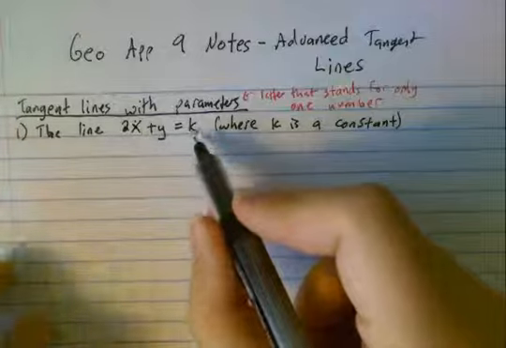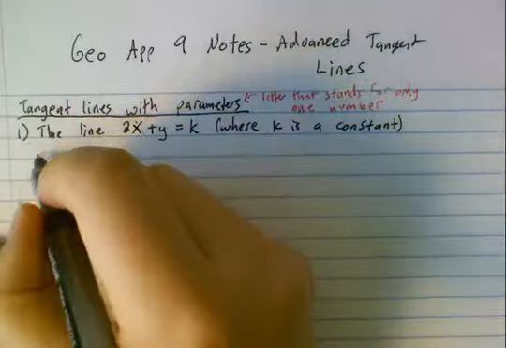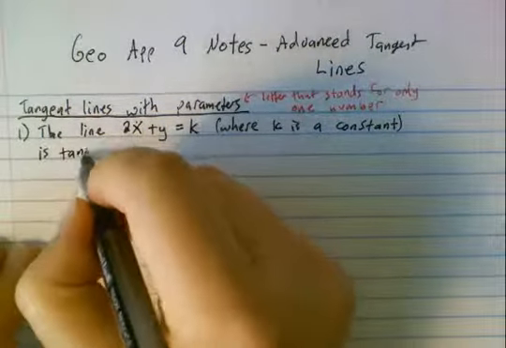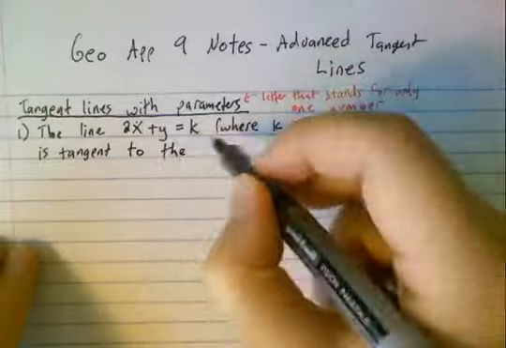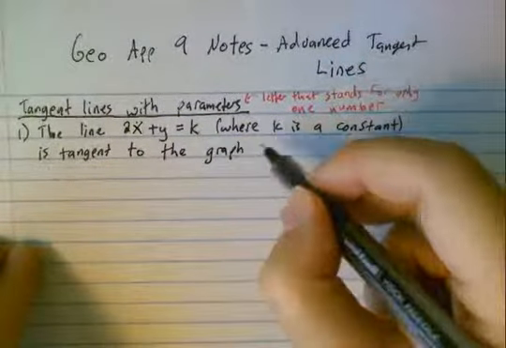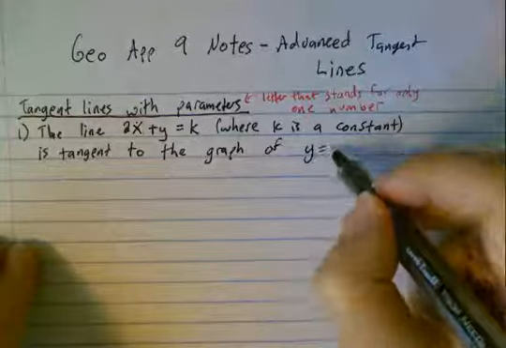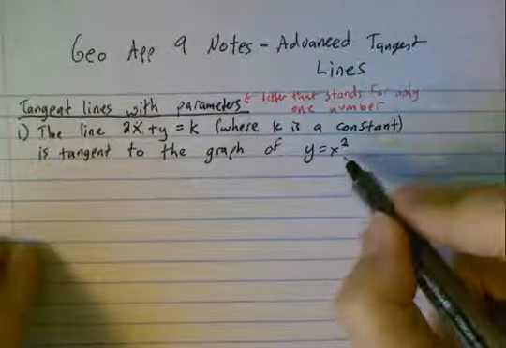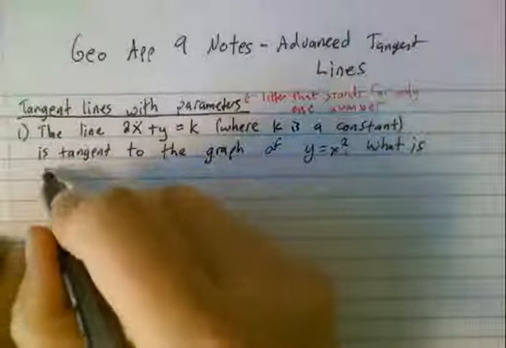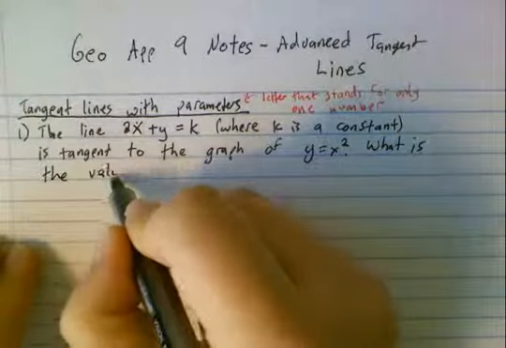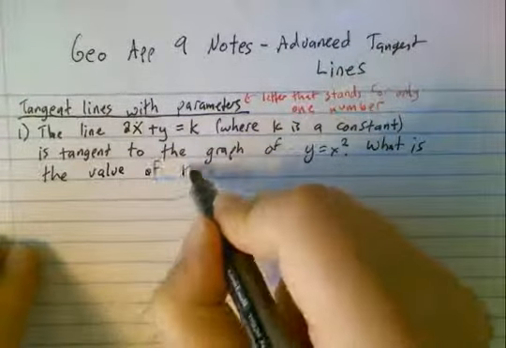That means k is our parameter in this case. This line is tangent to the graph of y equals x squared. What is the value of k?